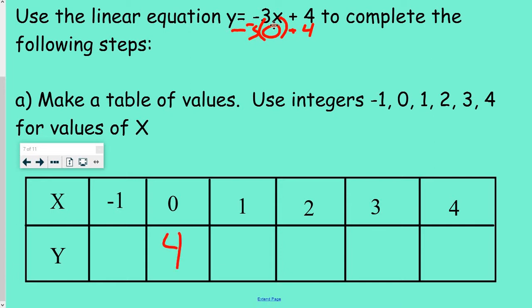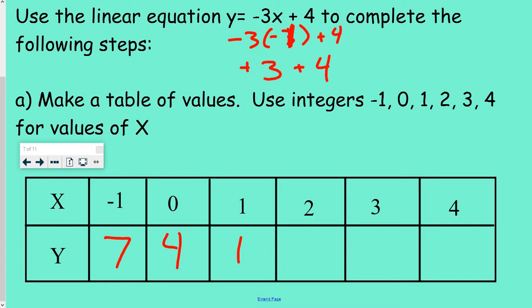If we change this to 1, that's -3 plus 4, which is 1. If we put -1 in there, -1 times -3 is +3, because two negatives equal a positive. Plus 4 equals 7. So we've got 7, then 4, then 1.